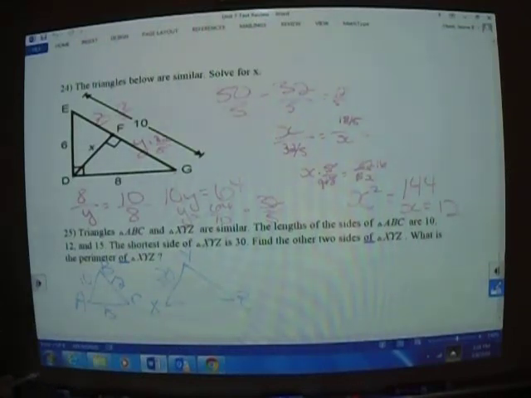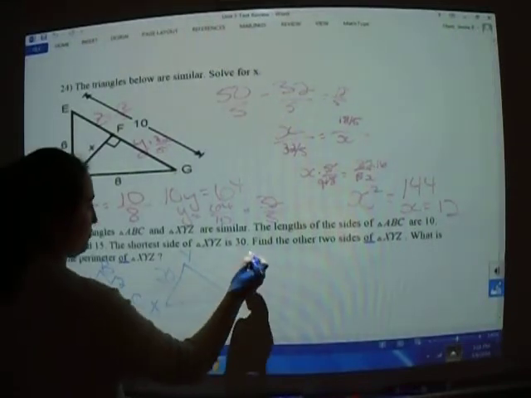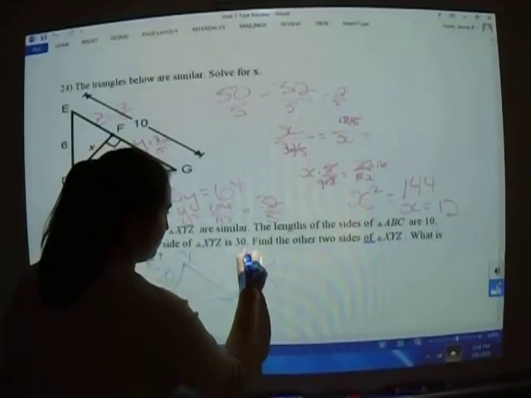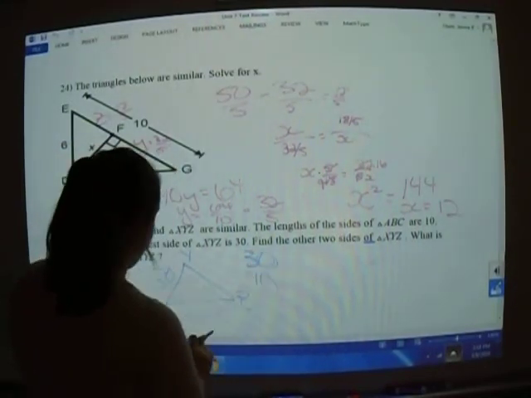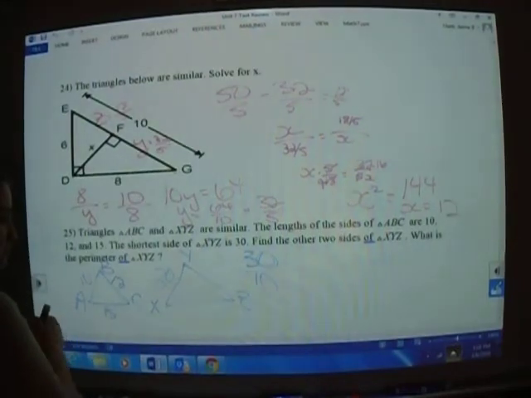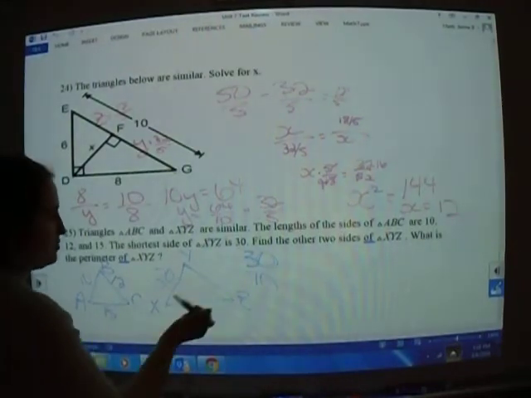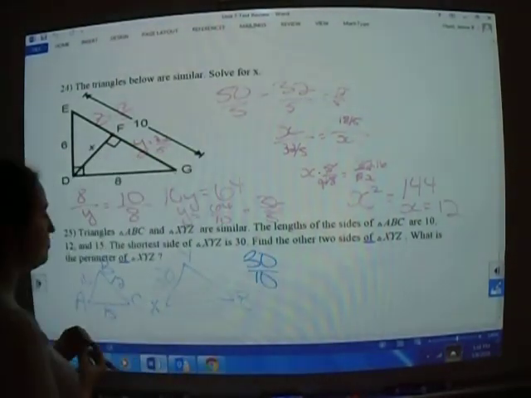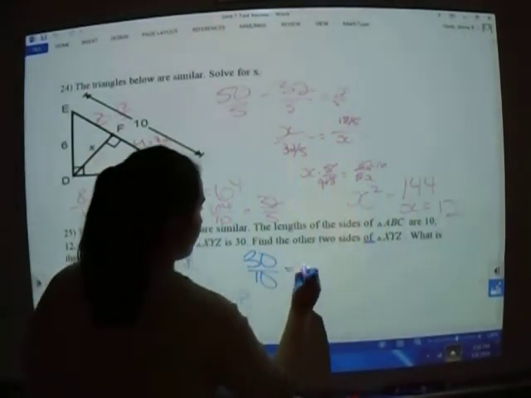So, what we do, let's do 30 over 10, right, equals 3 over 1.